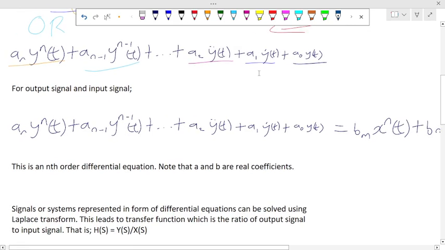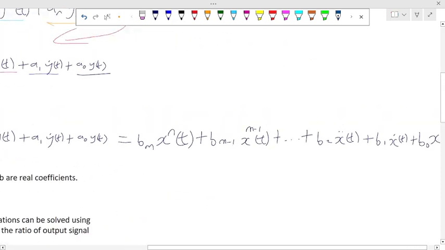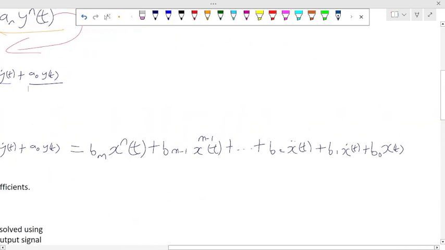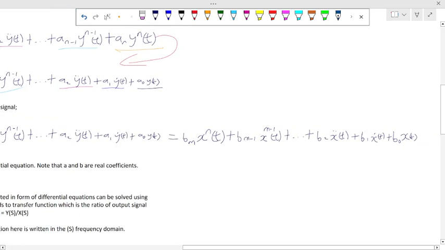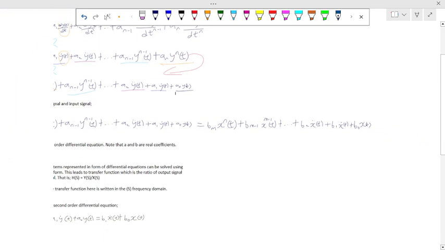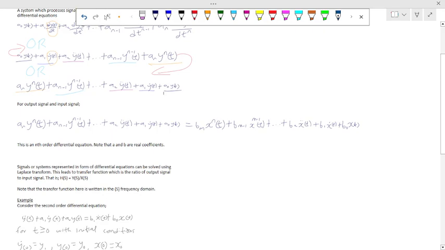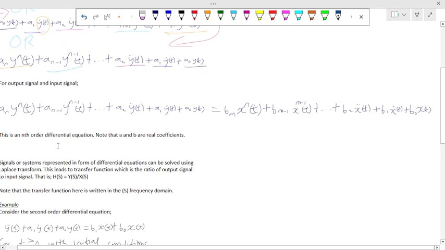So for output signal and input signal, these are output signal which we've just done here. So we just wrote exactly the same thing here. Output signal equals input signal. So for our input signal, trying to make it easy for us to see the whole thing. Is this big enough? Yeah, I want to see from start to end.